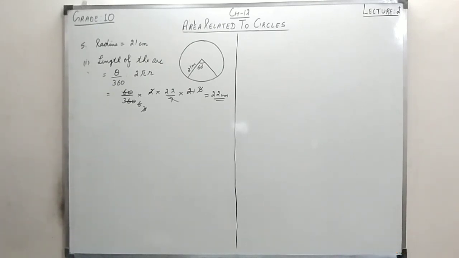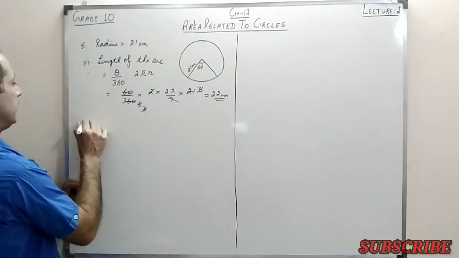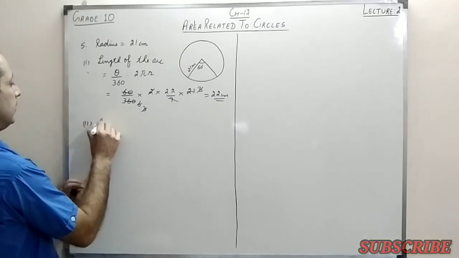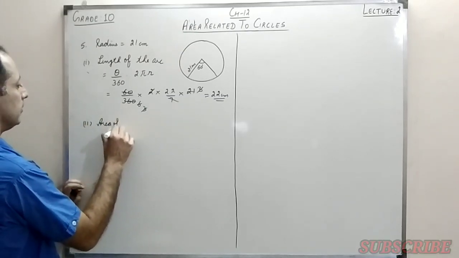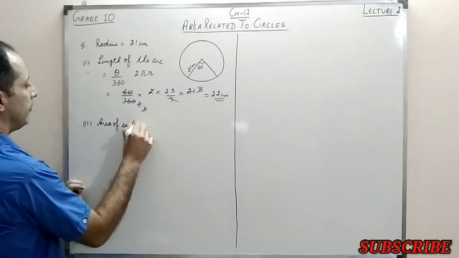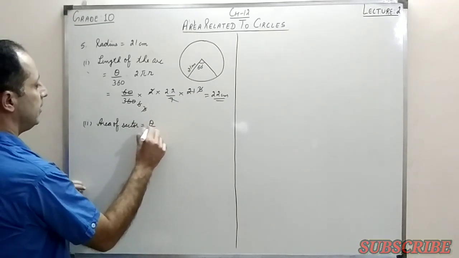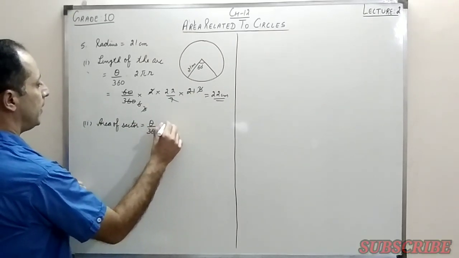Now the area of sector formed by the arc. Again we have the formula, that is theta by 360 into pi r square.